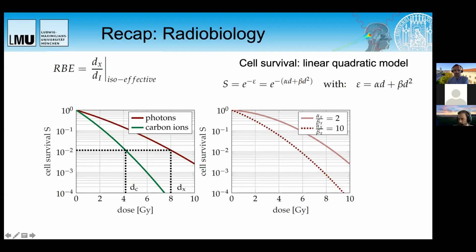And then the situation changes here, because the curve of the alpha beta ratio of 2 quickly bends down, whereas at very high doses at 10,000 gray, the red dash curve basically crosses the other line, and this relation switches. So in the photon world, the alpha beta ratio of 10 translates to a more radiosensitive tissue, while this is, as I've just showed you, not the case for carbon ions.